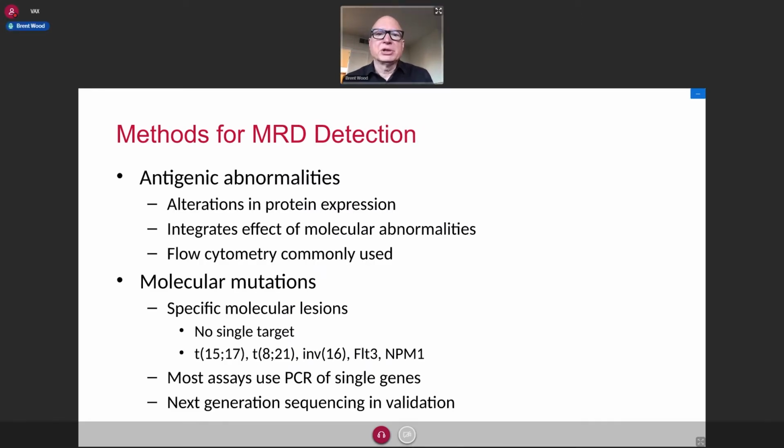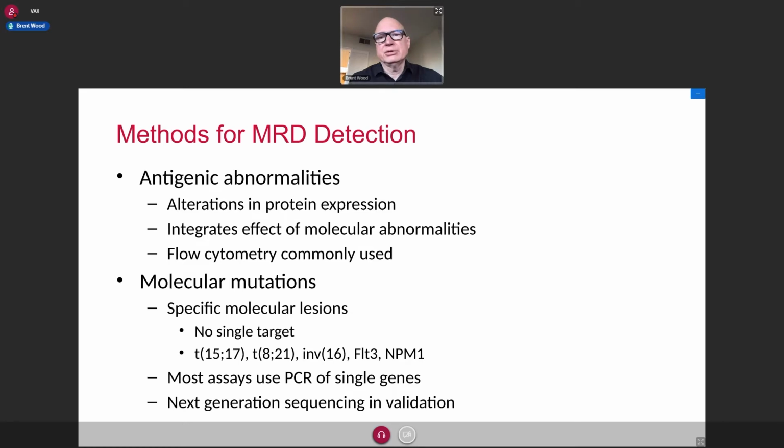So there are a couple of basic ways in which we can detect residual disease. The first is looking at the presence of abnormalities in protein expression or antigenic abnormalities. Protein expression is governed by an underlying genetic process that's very tightly regulated, so that in patients that undergo mutations that eventually result in what we recognize as leukemia, it results in secondary alterations in protein expression as a reflection of the underlying genetic abnormalities.